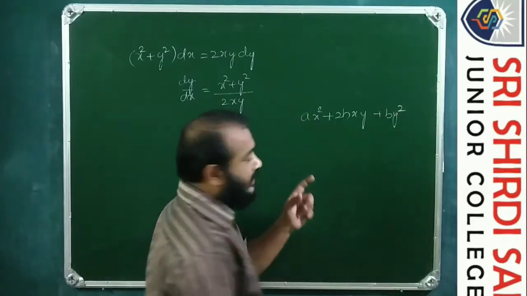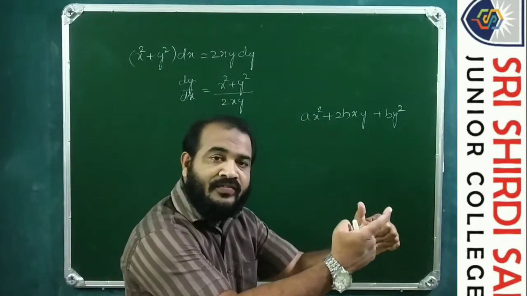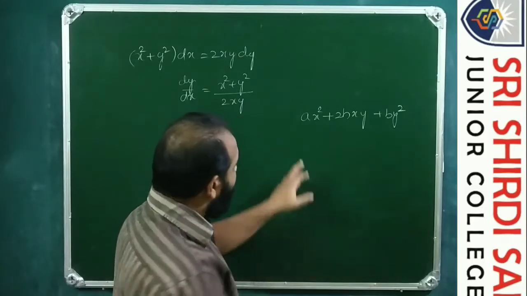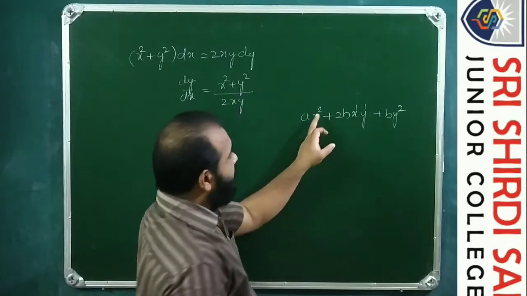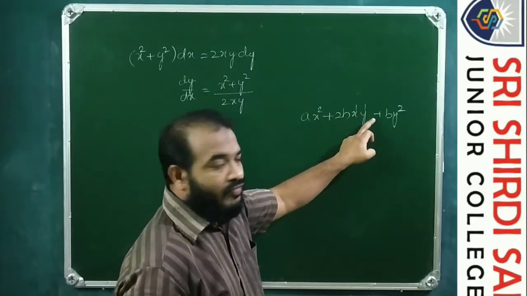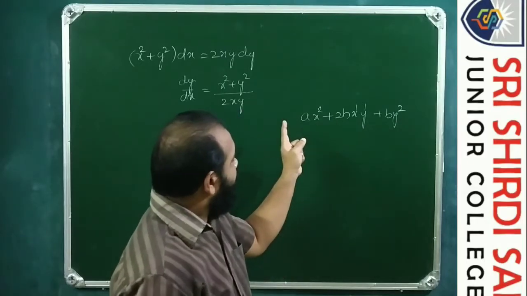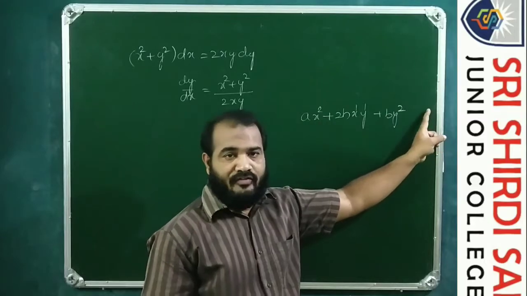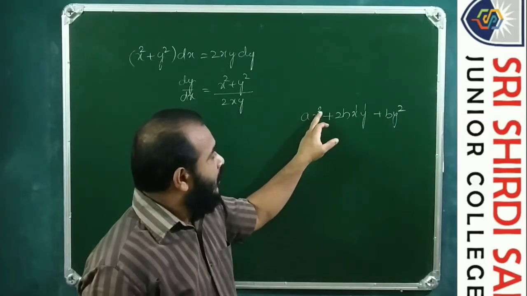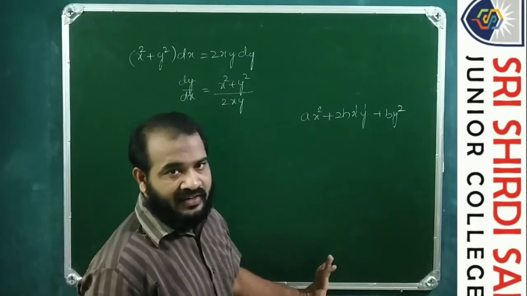Here the highest power being 2, therefore this is said to be second degree, and in every term, x power 2, x power 1 y power 1 (1 plus 1 is 2), y power 2, the power or exponent is 2 everywhere. This is said to be a second degree homogeneous equation.